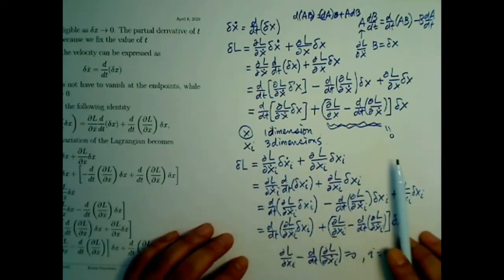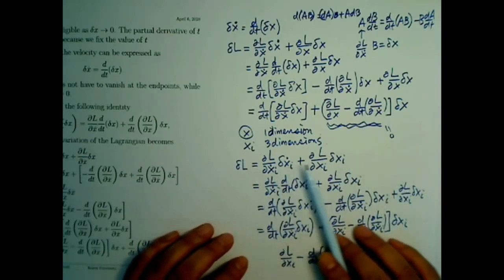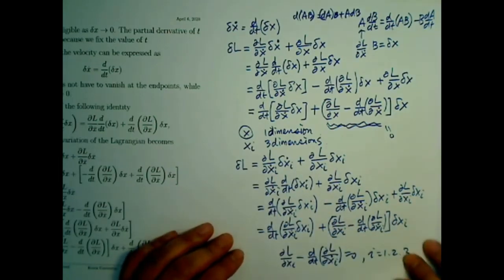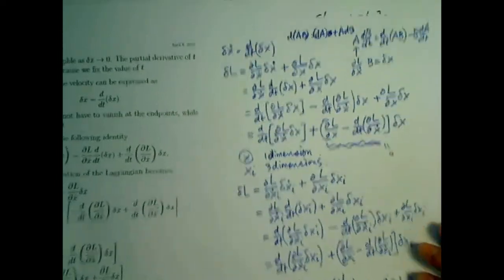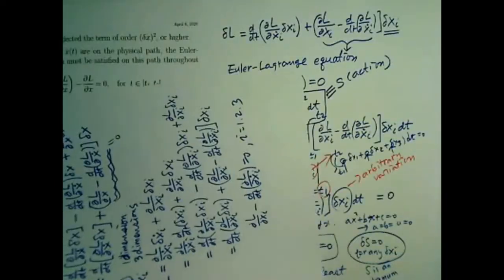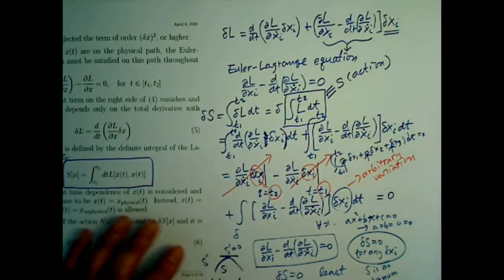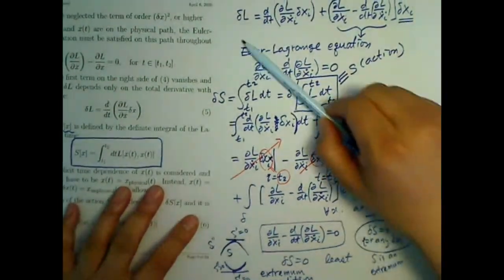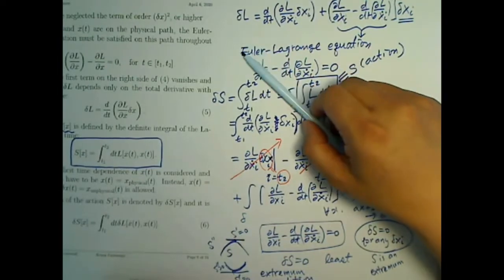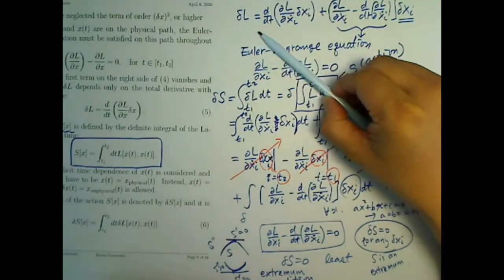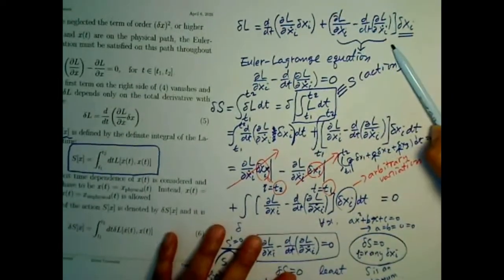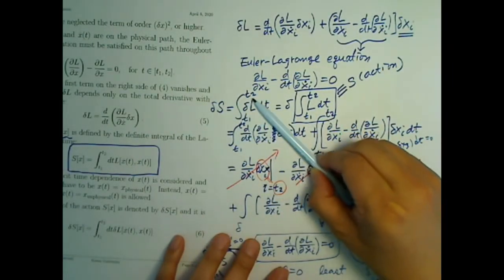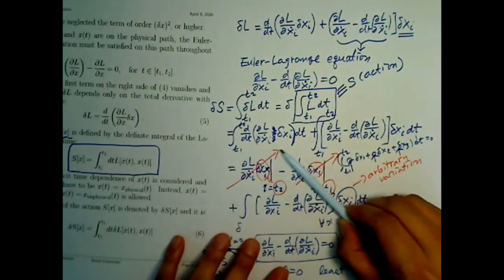This variation of the Lagrangian should be substituted into the action formula to find out the variation of the action. So the variation of the Lagrangian is substituted in here.